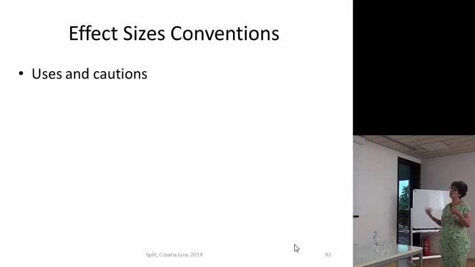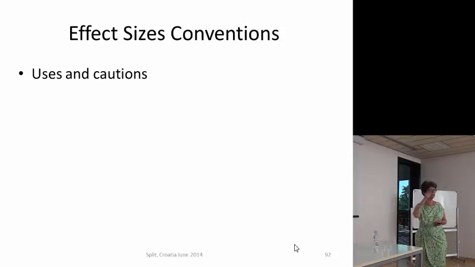So he said, based on my knowledge of my corner of social psychology, here's what seems to be a small effect, d of 0.1, standardized mean difference of 0.1. Here's a medium effect, 0.3. Here's a large effect, 0.8.